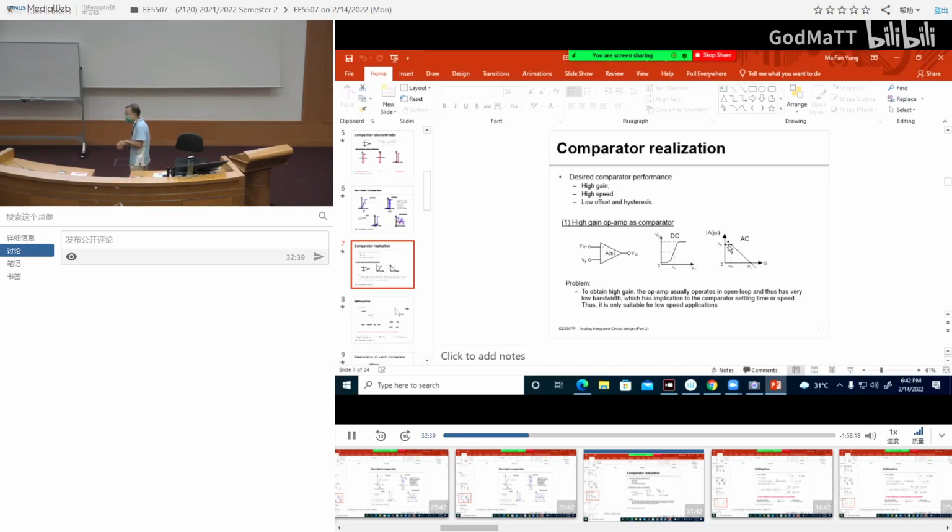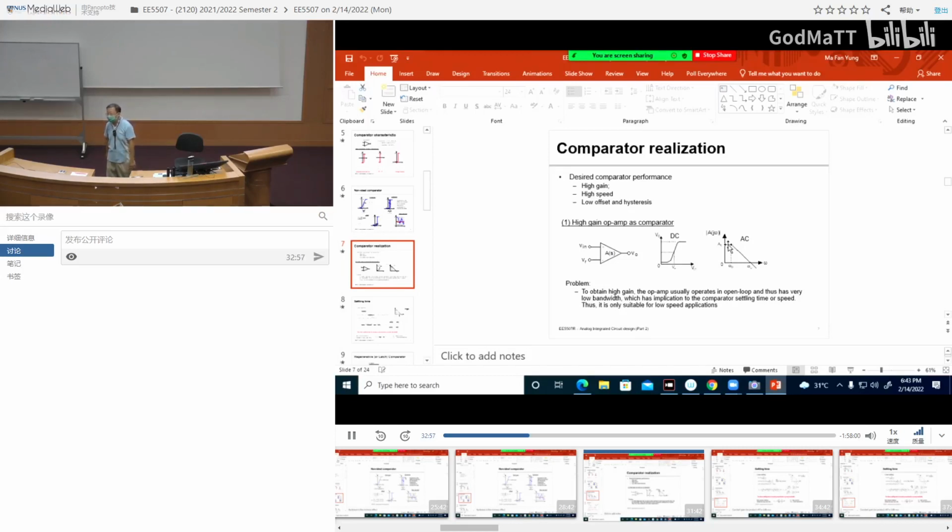Which lecture did we talk about settling time? In the lecture on filters, we talked about settling time. So you can derive the settling time for an op-amp with a certain bandwidth.